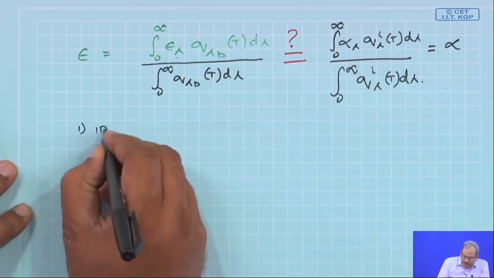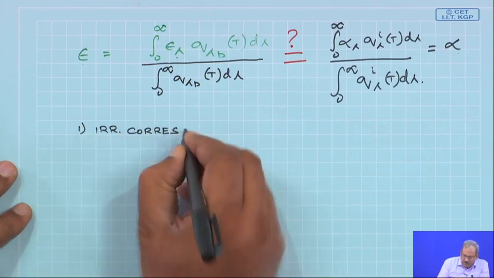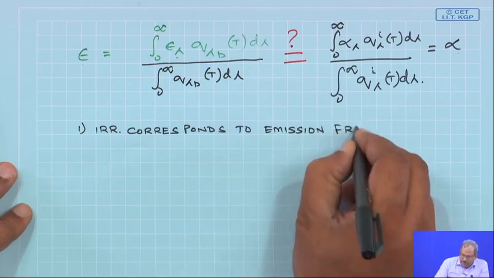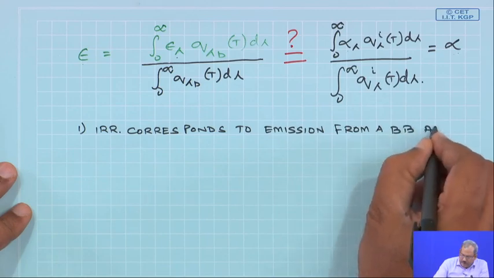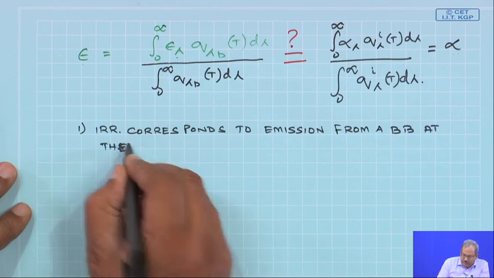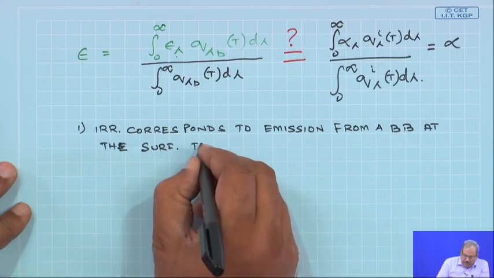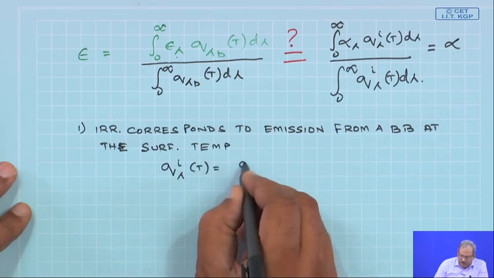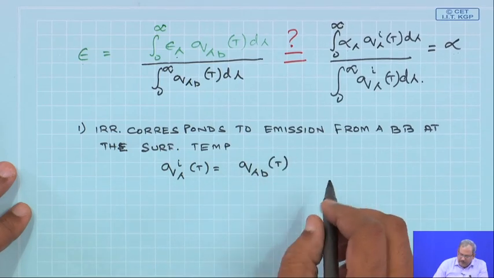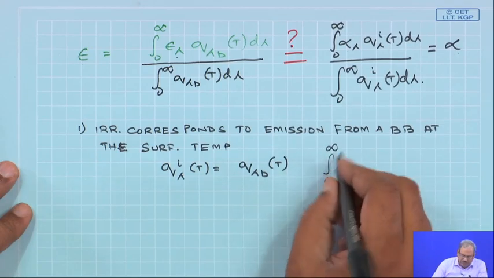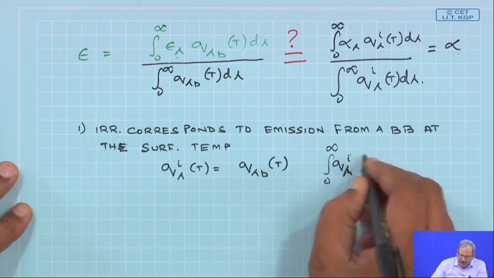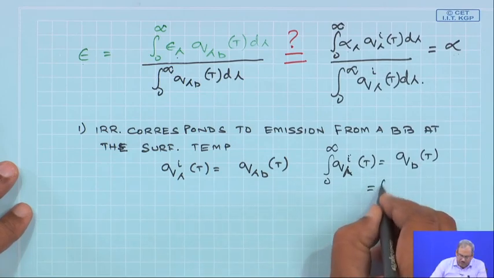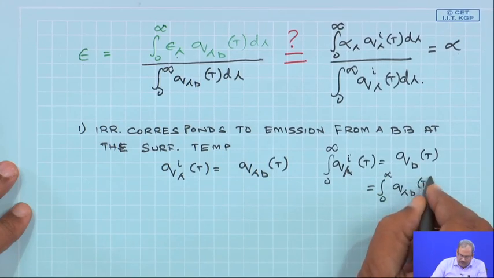So, the first one is the irradiation corresponds to emission from a black body at the surface temperature T. If that is the case, then q lambda I at T is equal to q lambda B from a black body at T, and therefore the integral from 0 to infinity of q lambda I at T is equal to the integral from 0 to infinity of q lambda B T d lambda.